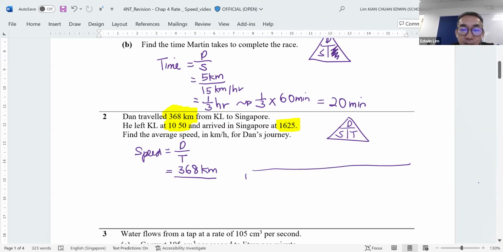Dan started the journey at 10:50. To make it easier, I plus 10 minutes first to reach 11. Since he arrived in Singapore at 16:25, I plus 25 minutes first. So I will have 11:25.